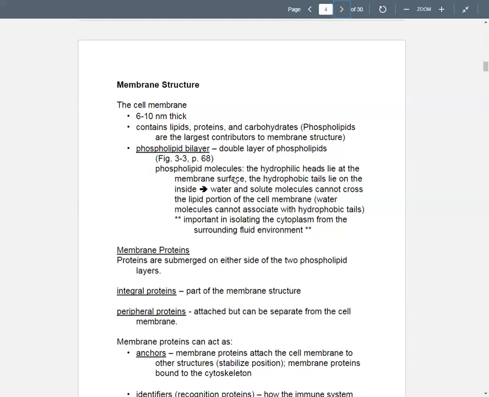They do not like water, so they're going to be on the inside of the membrane. So that means water, which is polar, and solute molecules can't cross through the lipid portion of the cell membrane. Polar molecules don't like nonpolar molecules, which is an important factor in isolating the cytoplasm from the fluid around it, the extracellular fluid.